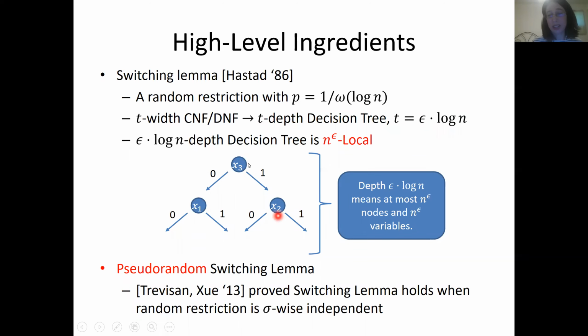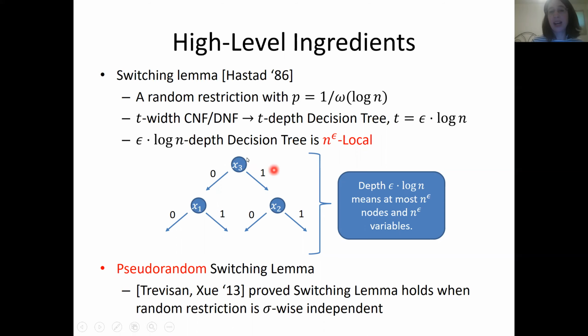This is what a decision tree looks like. At each step, you look at a different variable, and then if it's 0 or 1, you go right or left, and you proceed through the tree. At the bottom, you output either 0 or 1. For each path, you have a different output. The main thing to notice is that decision trees of depth epsilon times log n are actually n to the epsilon local functions.